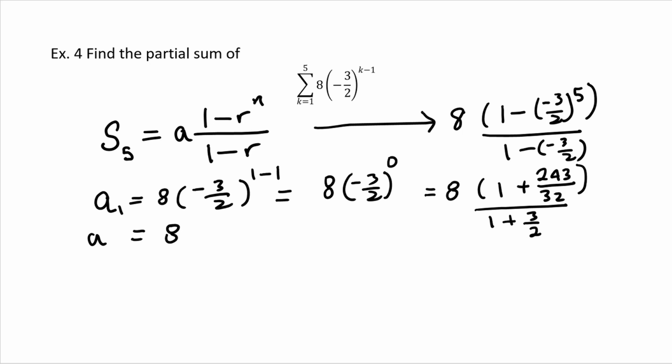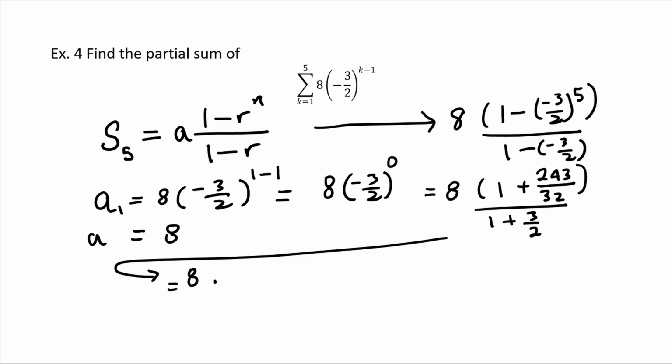Let's continue. This will be an excursion in arithmetic. So I'm going to come back over here for more space, and I will have 8 times 1 plus 243 over 32.